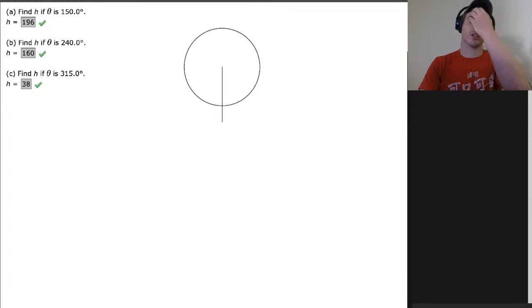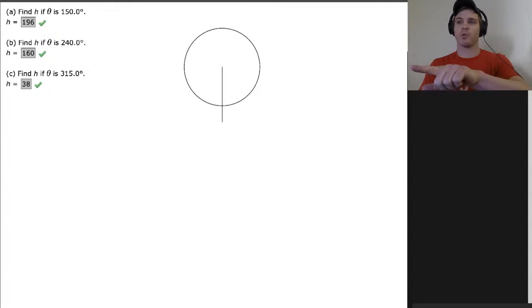From that point on the ground all the way to the top is 210, and then the diameter is 202. So that means this segment on the bottom here is 8. This is 101, so the whole thing is 109.